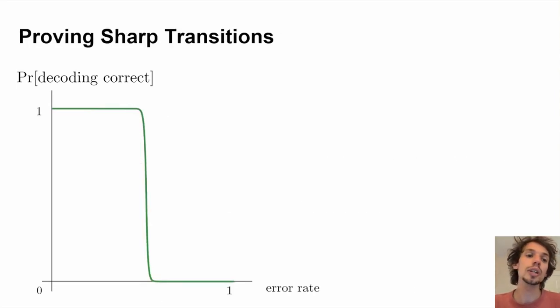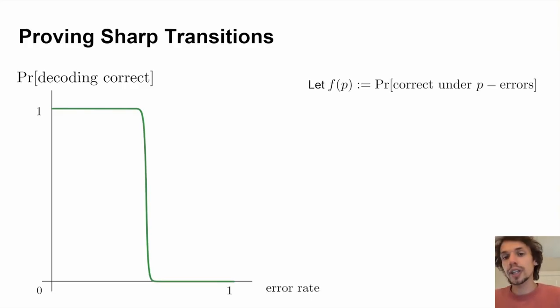And so what's left to show is theorem 2. Okay, so we want to show that the probability of decoding success has a sharp transition. So let me define f of p to be the probability of a decoding success when I have random errors of probability p. And we want to show that the curve looks like what's on the left here, the green curve on the left.